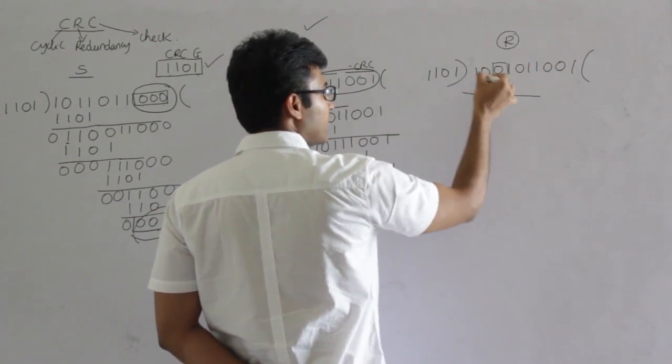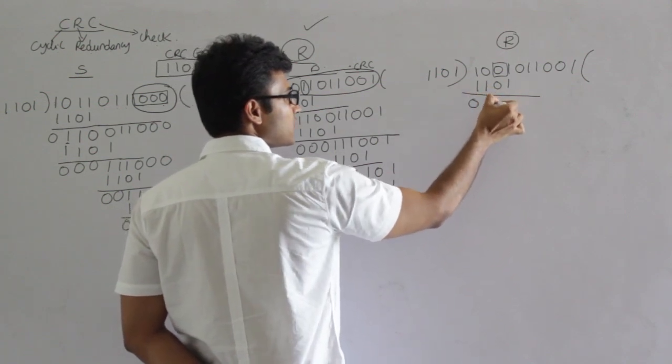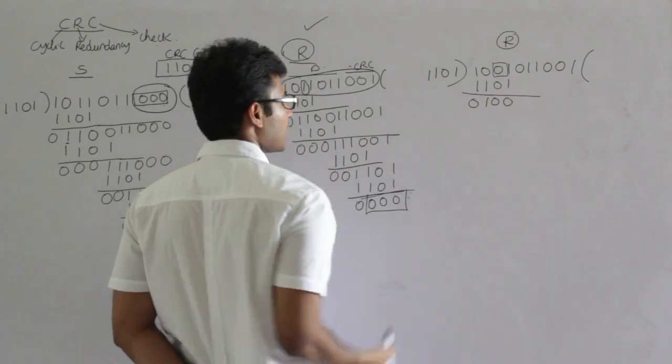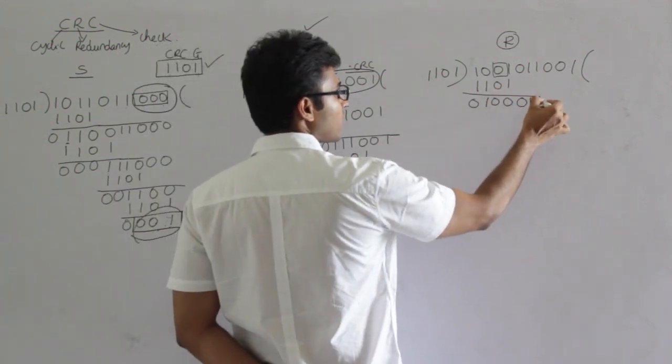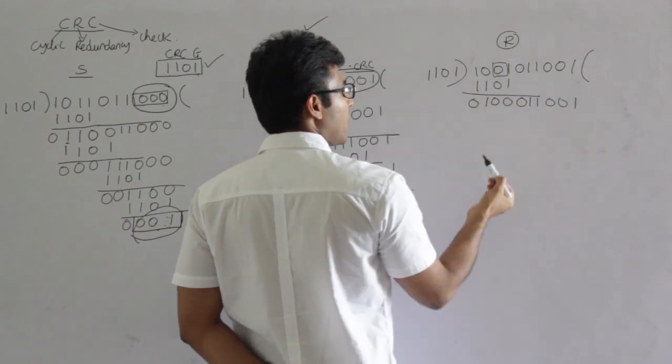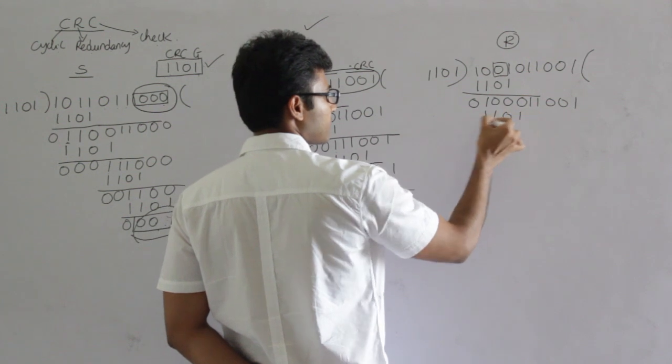1101. So if you exclude your 1 and 1, it is going to be 0 1 0 0. I am simply applying the exclusive OR only. Write down the remaining bits 0 1 1 0 0 1, and again start from the leading one. The leading one is here, 1 1 0 1.